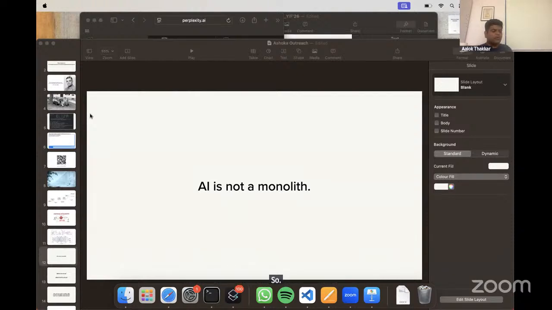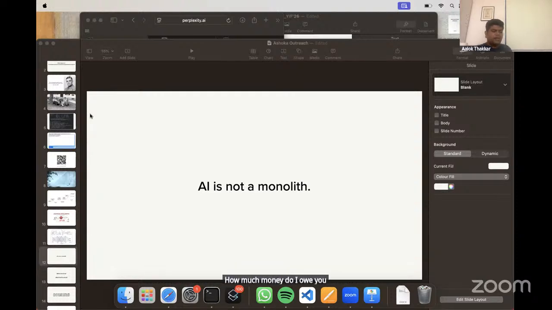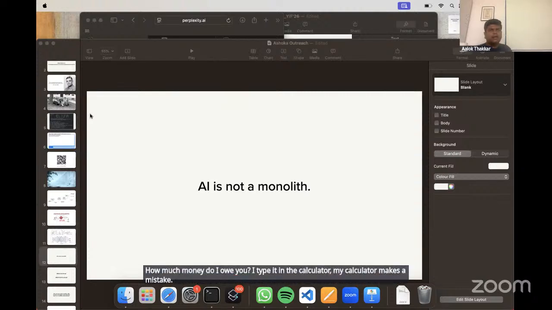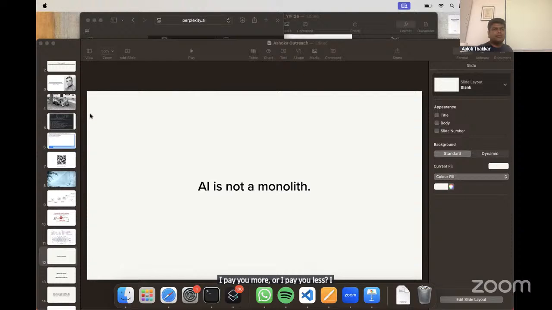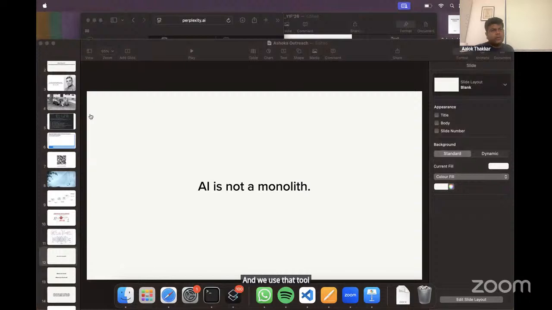So if I am doing some math on which something depends, let's say I owe you money, how much money do I owe you? I type it in a calculator, my calculator makes a mistake, I pay you more or I pay you less, I remain liable. The responsibility remains with the one who has autonomy. And as humans, we have the autonomy of making a decision. And we use that tool to only help us make that decision better.